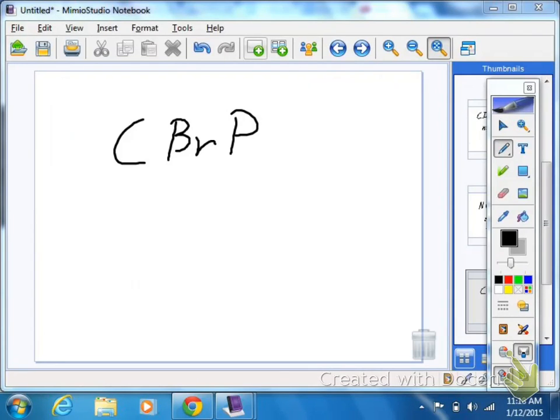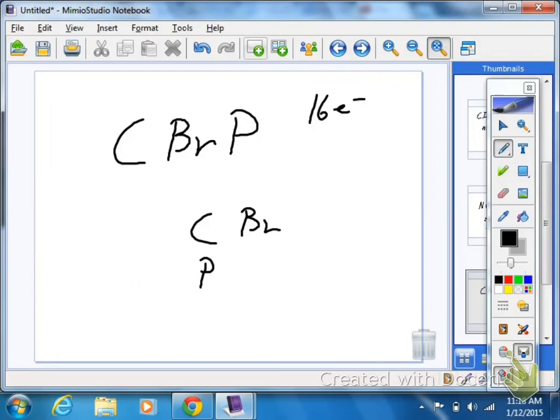Alright, so we have 4 and 7 is 11 and 5 is 16 electrons. Carbon, least number in the middle. Pairing up our central atom with branched atoms. That takes away 4 electrons, so we're left with 12 electrons.